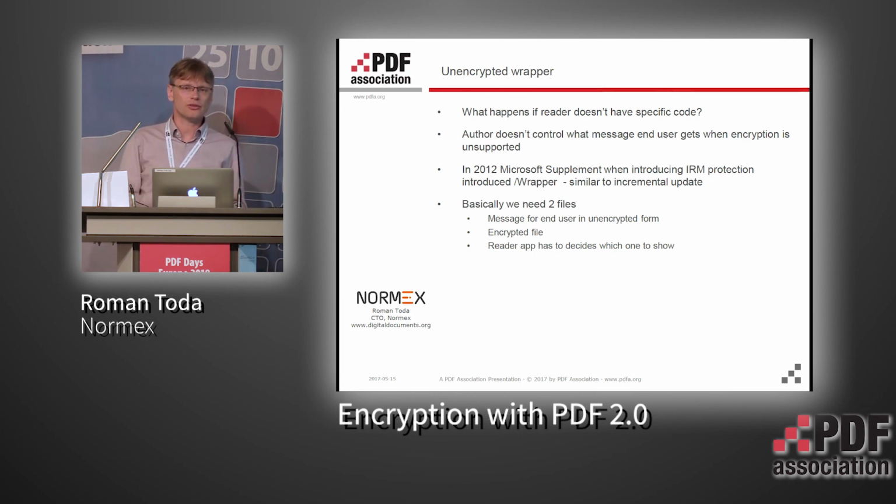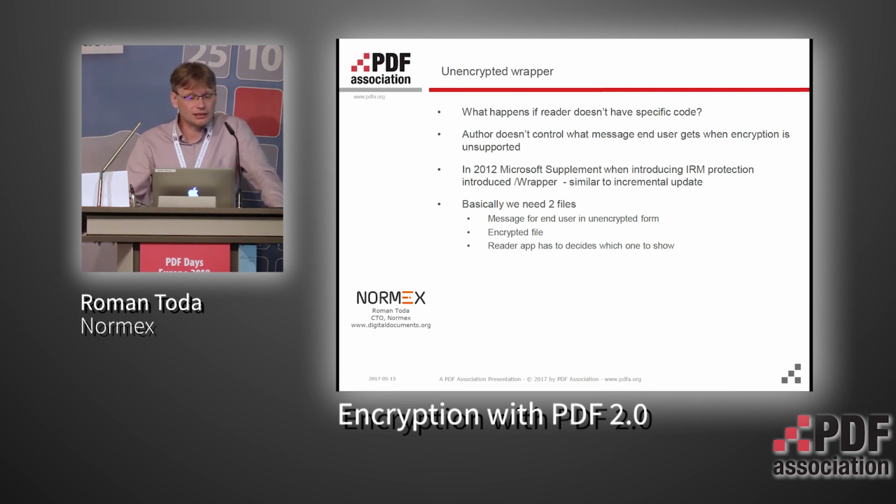So the author can control the message and doesn't rely on the information the viewer will show. The message could be your marketing message, information on how you can access the plugin, or how you can get access to this document. There could be a link that points you directly to a website where you can open your account or whatever.